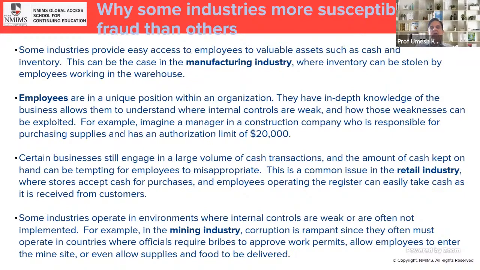Some industries have weak maker checker systems or weak internal controls to be able to detect and prevent frauds. The mining industry is one such example. Corruption is high in such an industry, and employees aren't allowed to enter the site for food or supplies to be delivered, and that can result in a fraud.